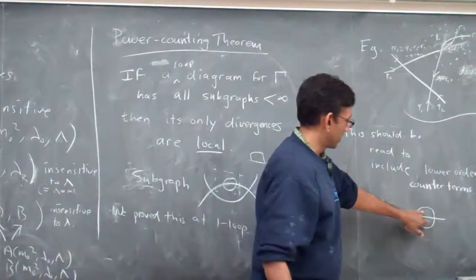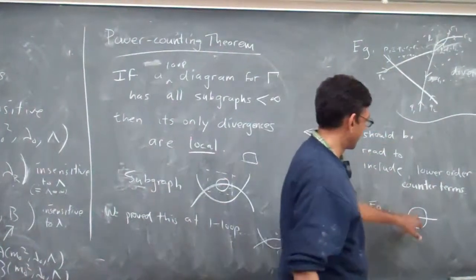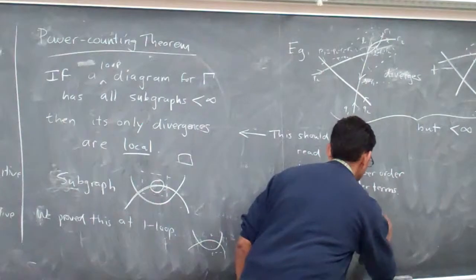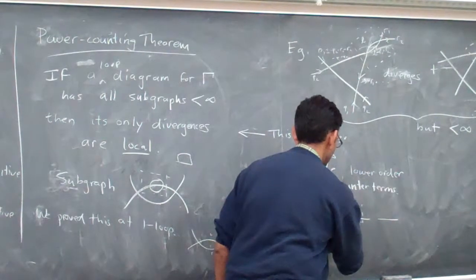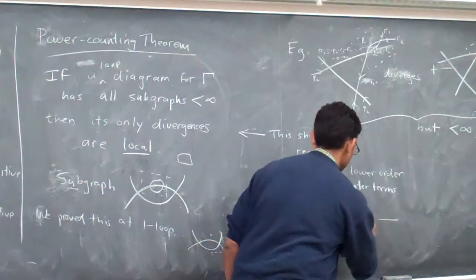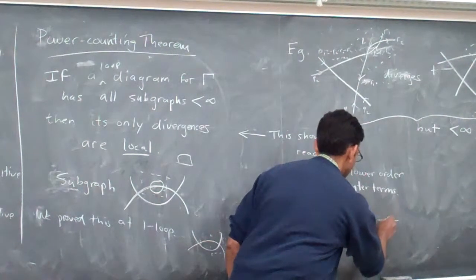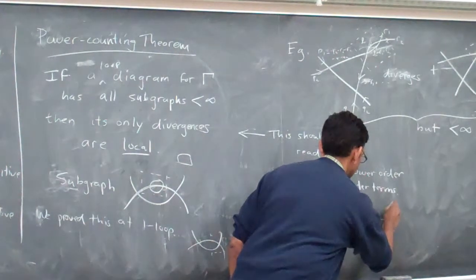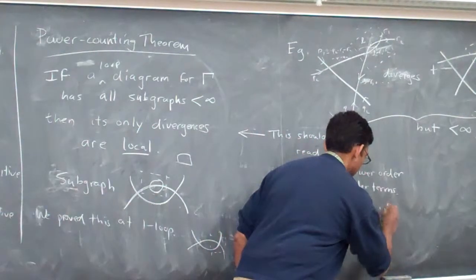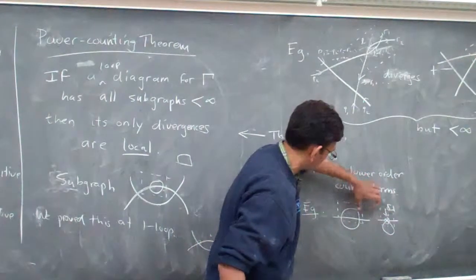Again, you need this theorem to come to your aid, but you need to use, in subgraphs, for this subgraph, there again is this one loop counterterm, so that you should really think of the subgraph as this plus this.